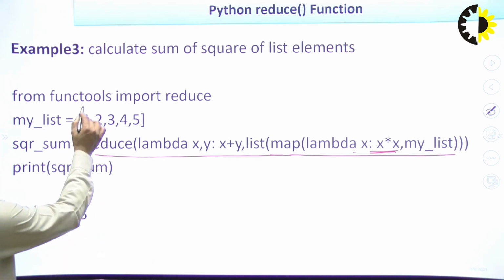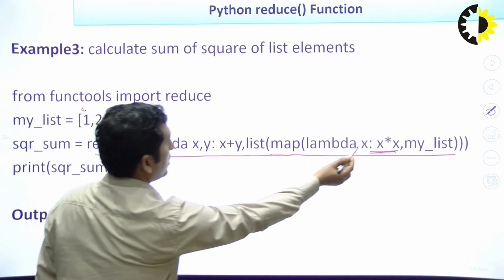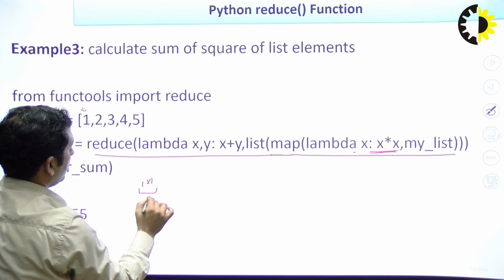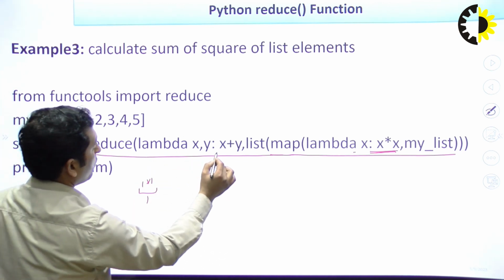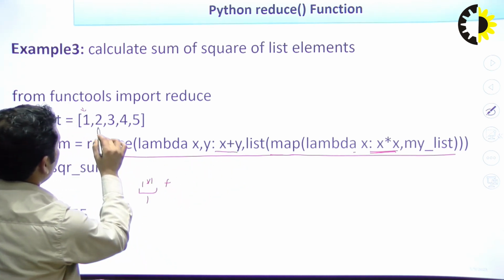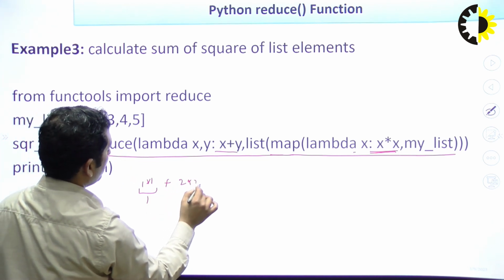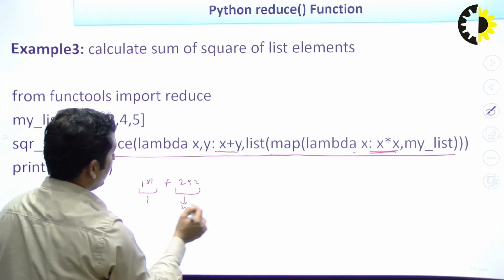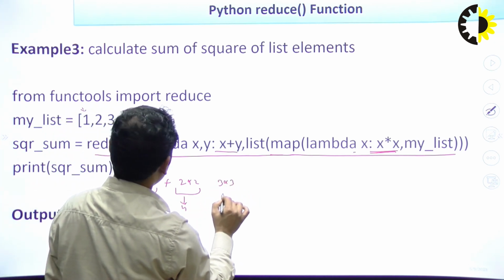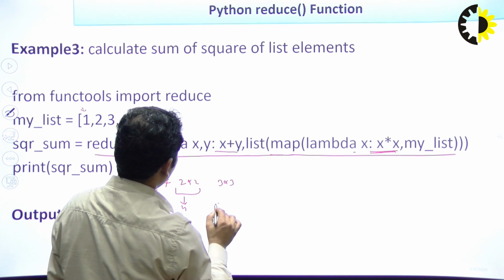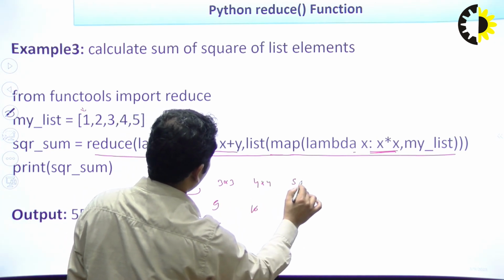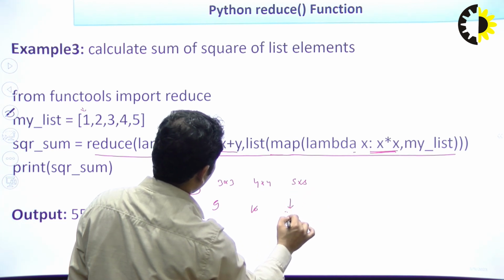So 1 squared is 1, and the second element 2 squared is 4. We are getting the list, and 3 squared we get 9, then 4 squared we get 16, then 5 squared we get 25.